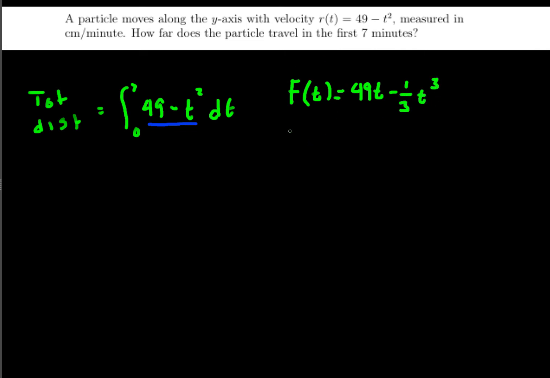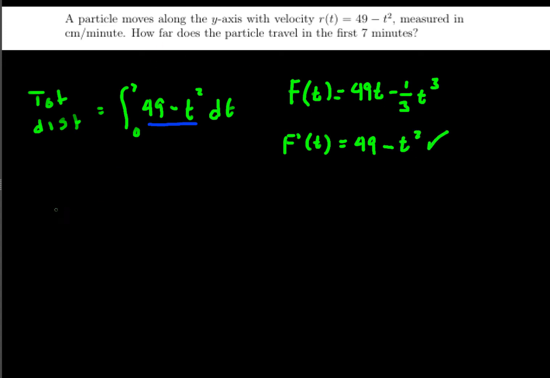So for this function, f prime of t is equal to 49, since the derivative of t is 1. And then here, the power rule says this is minus t squared. So it's an antiderivative.